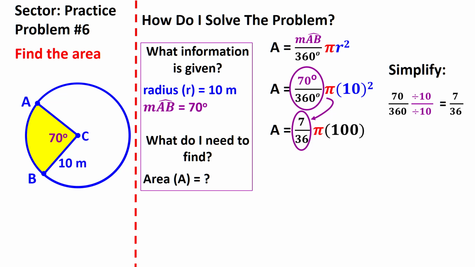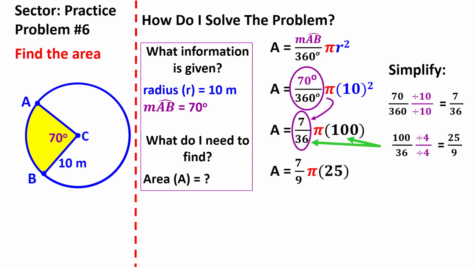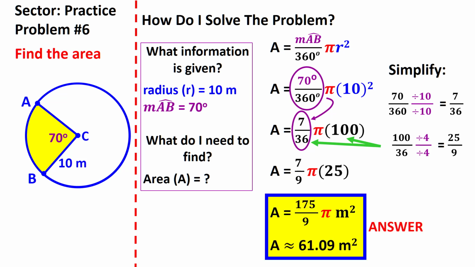Next, I could multiply 7 times 100 or simplify 100 over 36, which is 25 over 9. Next, I take 7 times 25, which is 175, so the final answer is 175 over 9 pi meters squared, or I get a decimal answer 61.09 meters squared.